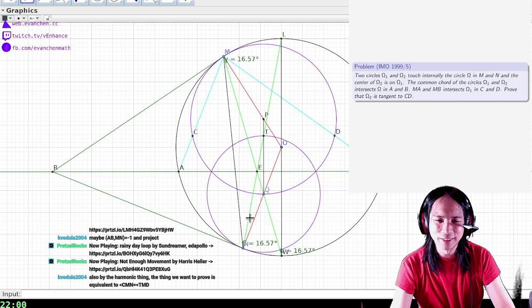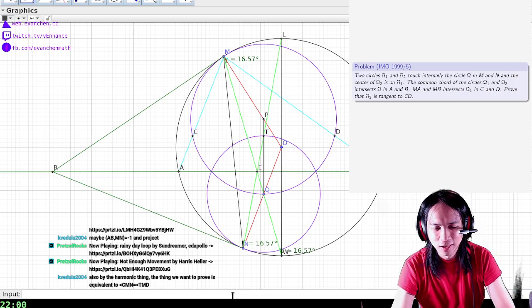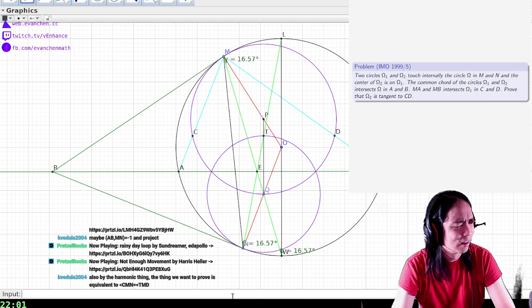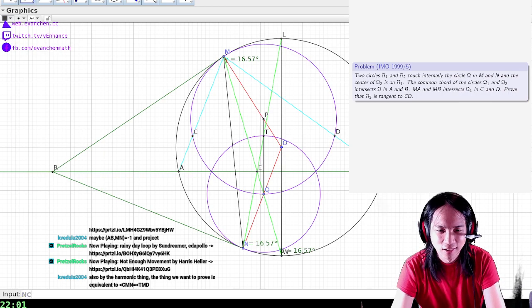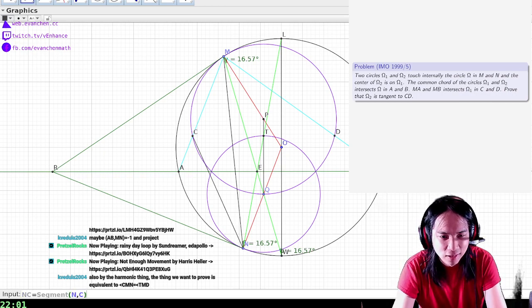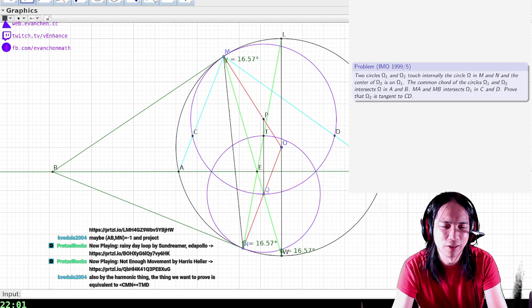Is this a mixed to linear problem? No, it's not. No. You're kidding me, right?